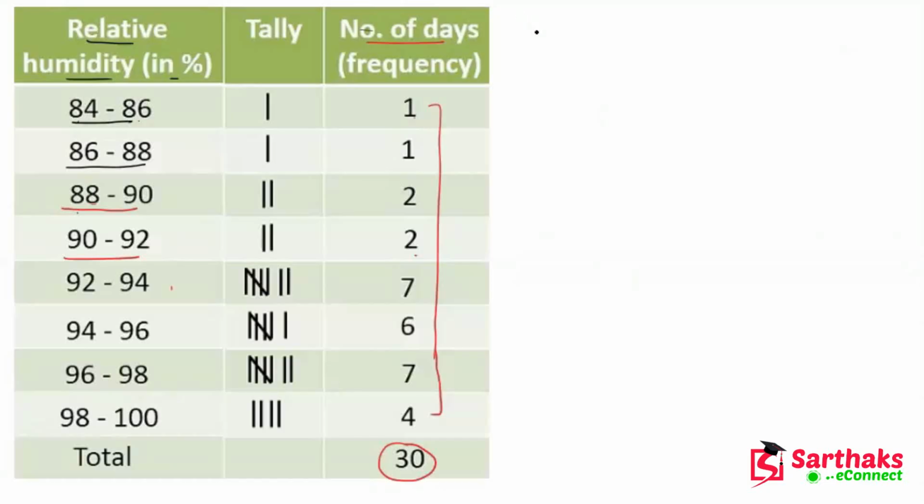So here we can write: minimum relative humidity is 84.9, and maximum is 99.2. Yeah, so now let's move on.